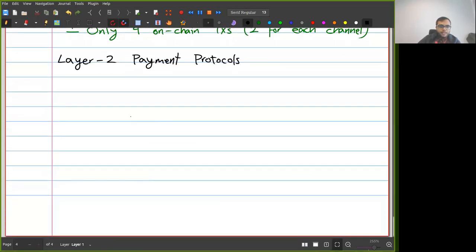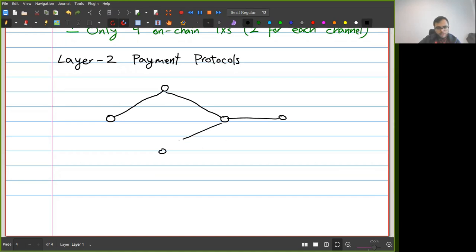So the way it can work is that you can have a bunch of different nodes. Let's say these are different people, and some of them can have channels created between each other. So let's say there is a 2-way channel between these 2 people, there is a 2-way channel between these two, and maybe I have a channel like this as well.